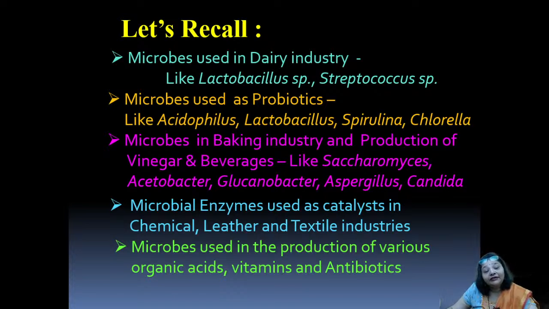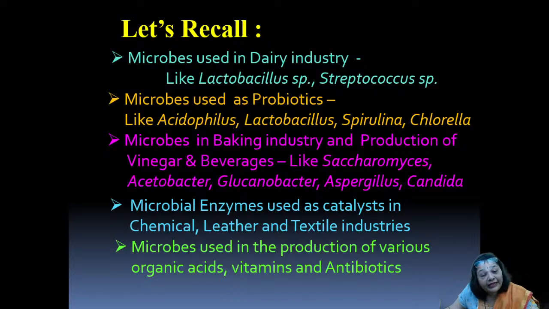We saw that microbes were also used in the baking industry and in the production of vinegar and beverages, microbes like Saccharomyces, that is yeast, Acetobacter, Gluconobacter, Aspergillus and Candida. All these helped in the production of different products and beverages.